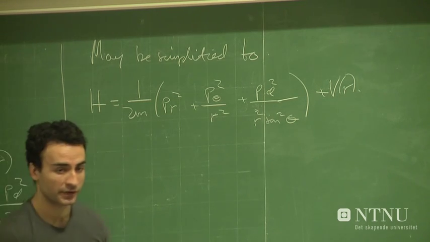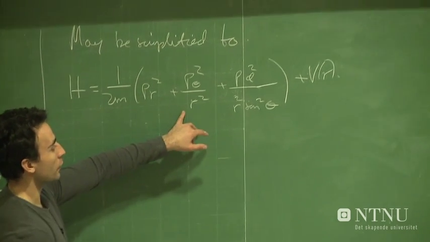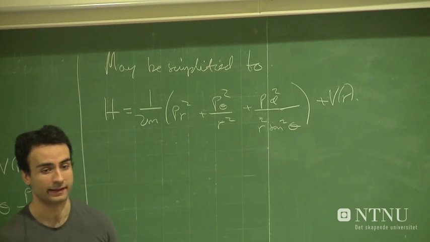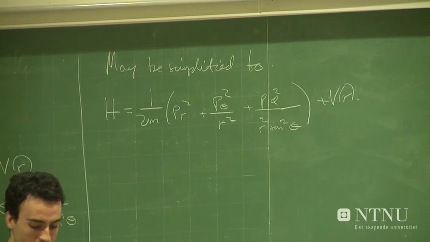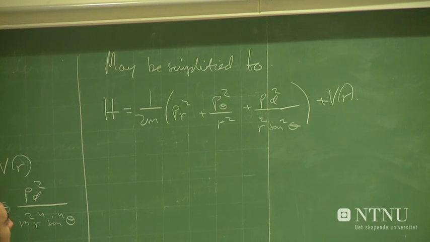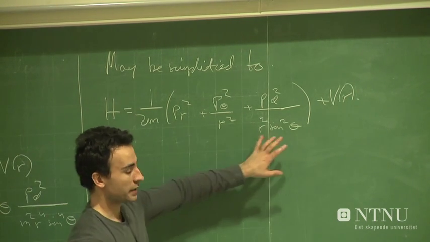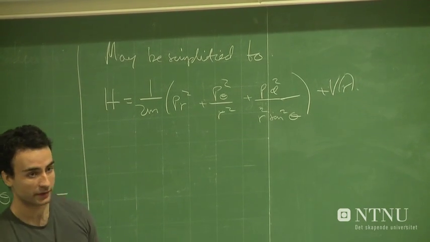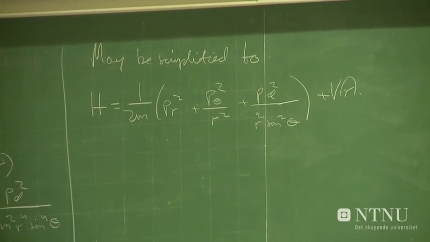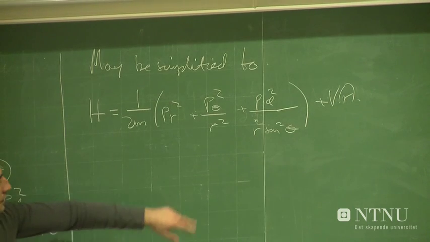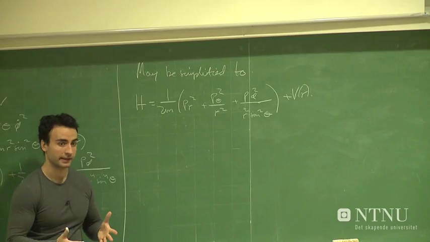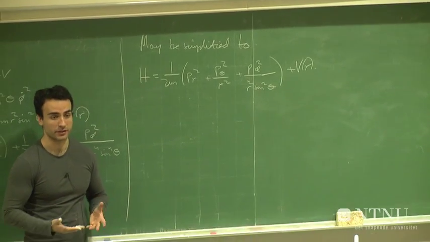A couple of things to notice here is that you have a 1 over r squared dependence for two terms in this kinetic energy. These are the parts which are associated with momentum generated by movement in the theta direction and the phi direction. So you see that as r goes to 0, these contributions to the kinetic energy actually diverge.